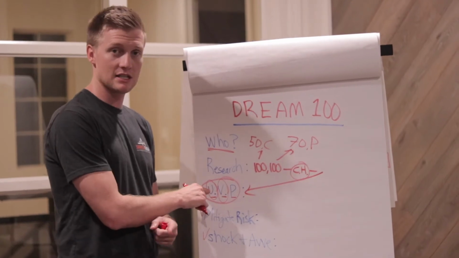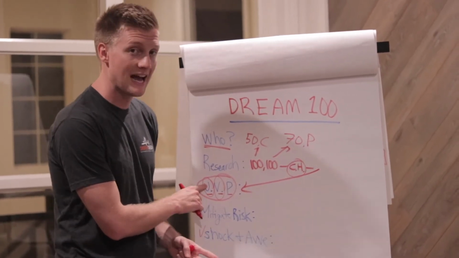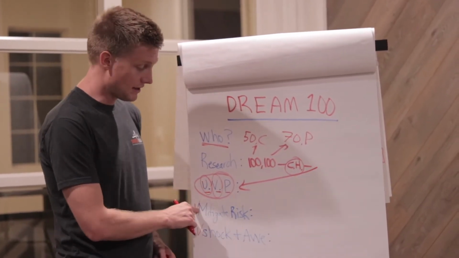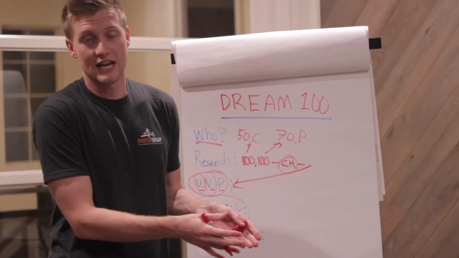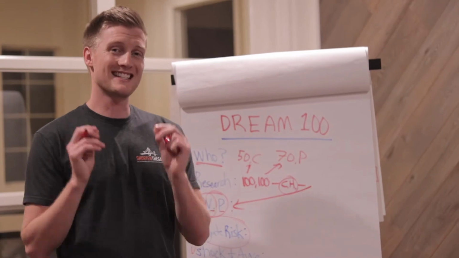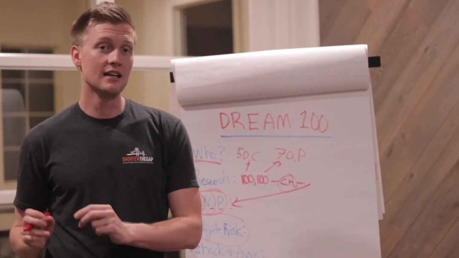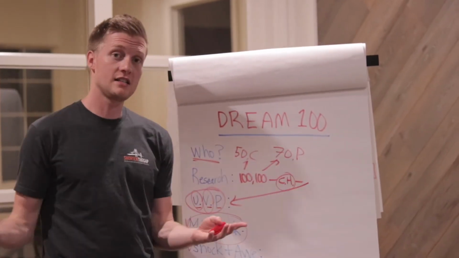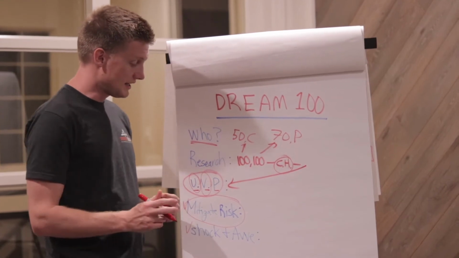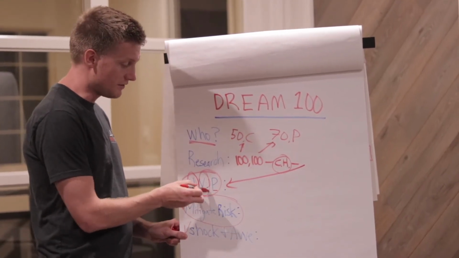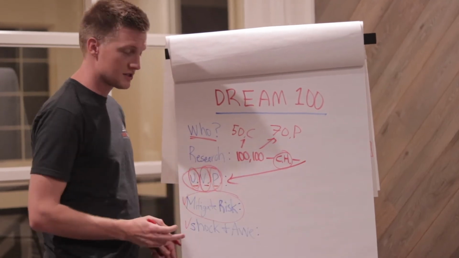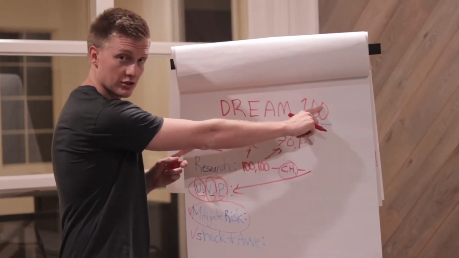Maybe it's price, maybe it's the speed that you deliver it faster. Maybe you mitigate the risk better. Somebody else does a 30-day guarantee, we do a 365-day guarantee. Maybe somebody doesn't do a guarantee at all. The point is, I could go on with a laundry list of things that would make you unique, that would be valuable, should you propose them to the Dream 100 client or partner.